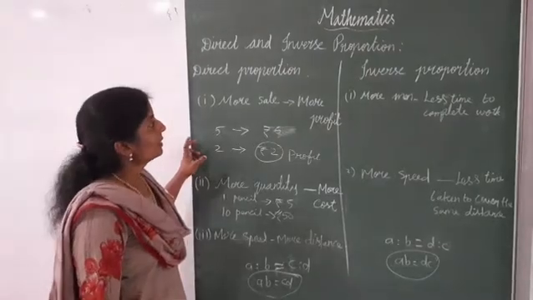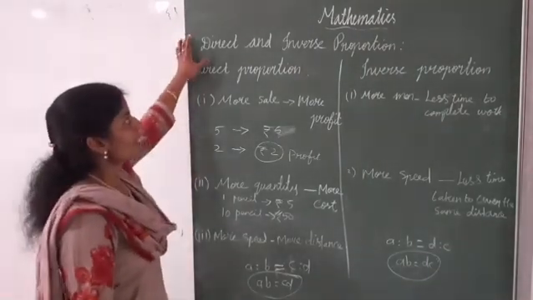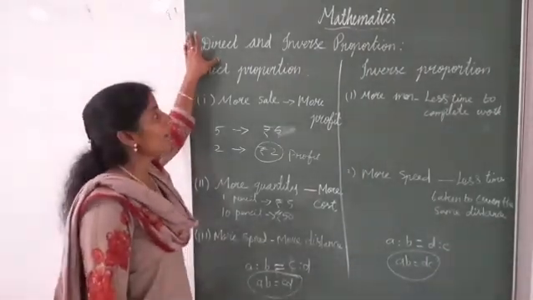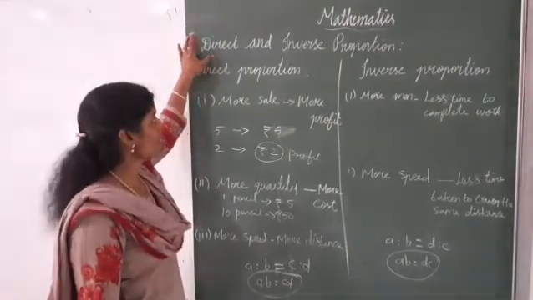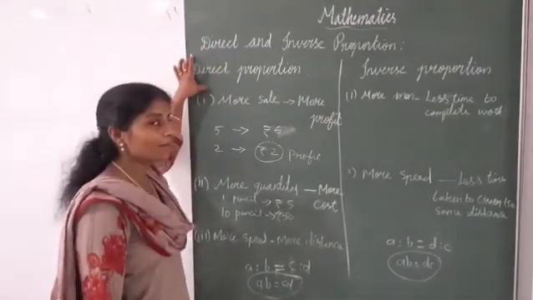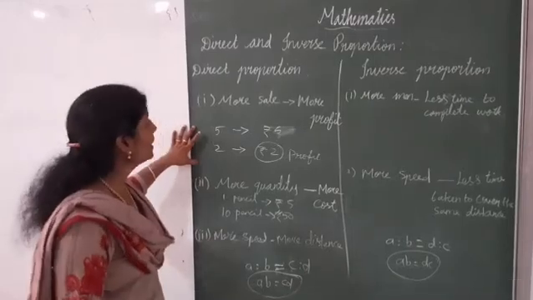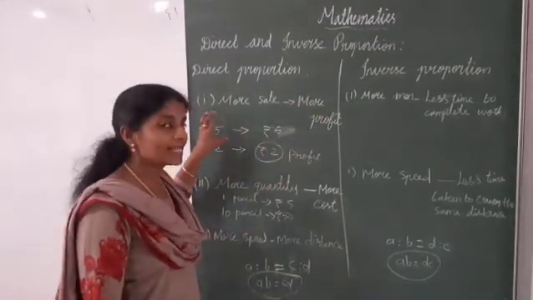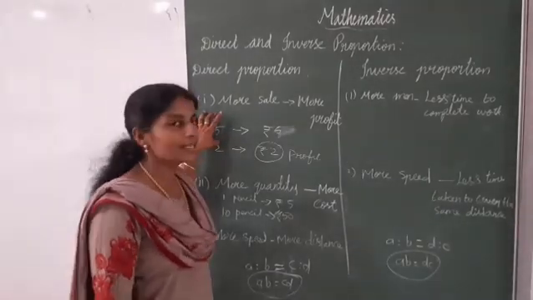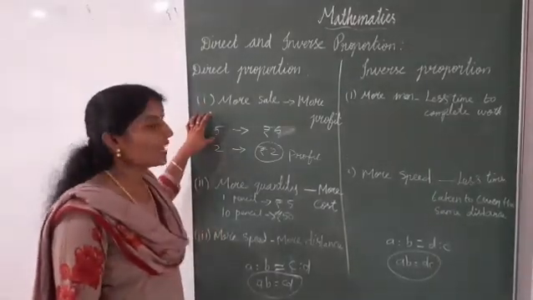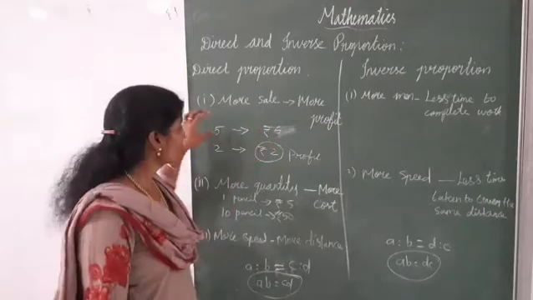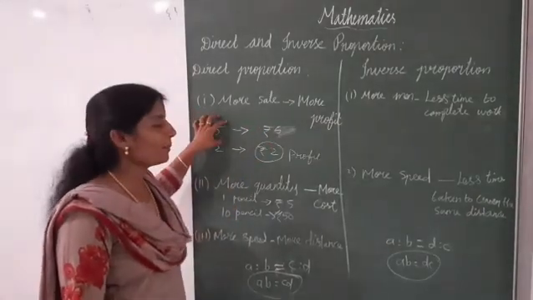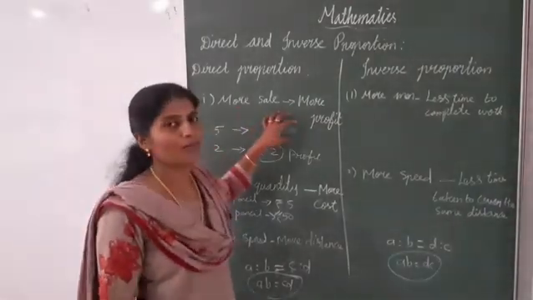Okay. Now once again, direct and inverse proportion. What is direct proportion? We have some examples. More sale, more profit. If you sell 5 apples, and each apple gives 1 rupee profit, we'll get 5 rupees profit.